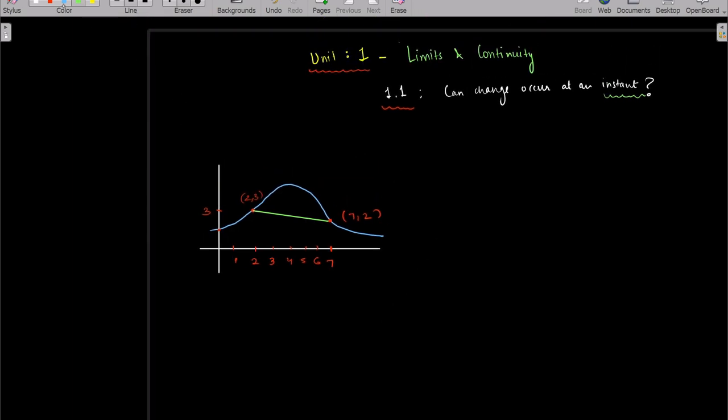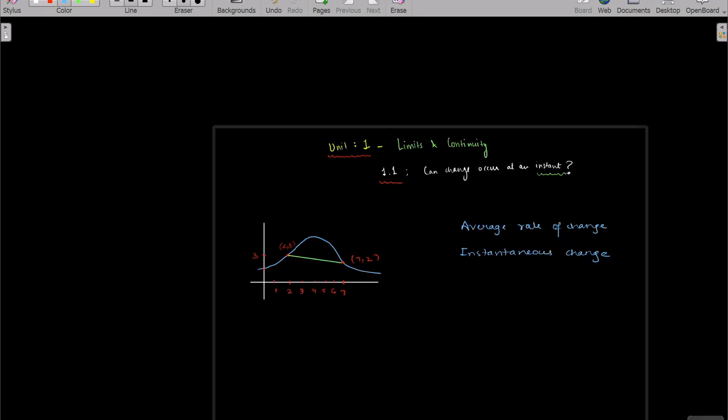One is average change, average rate of change, and then we have instantaneous change. Do you know the difference between these two types of changes?